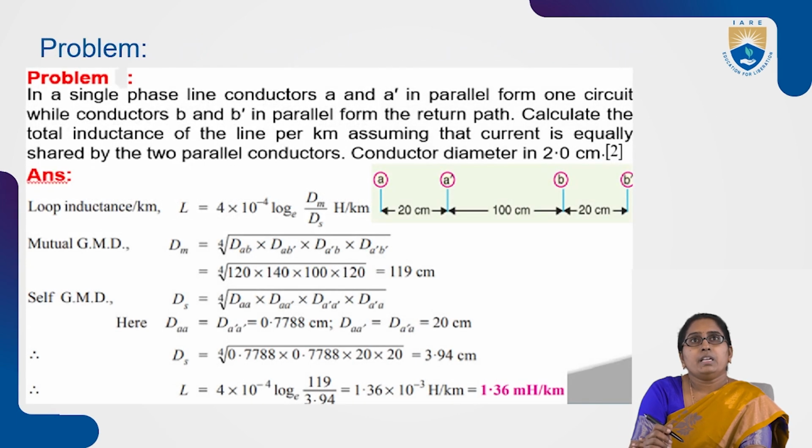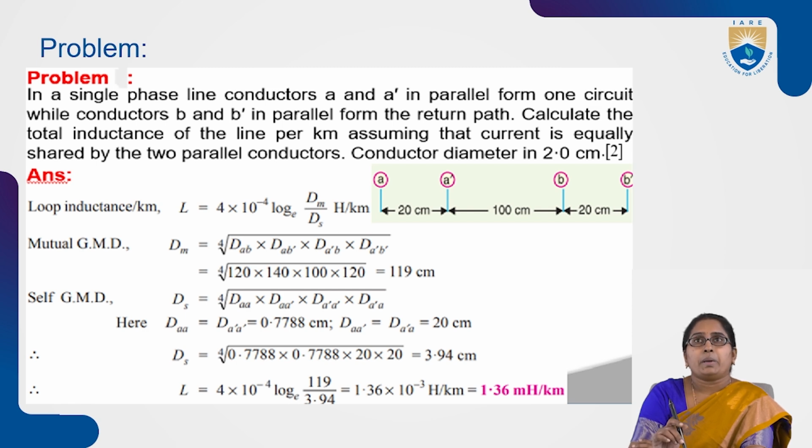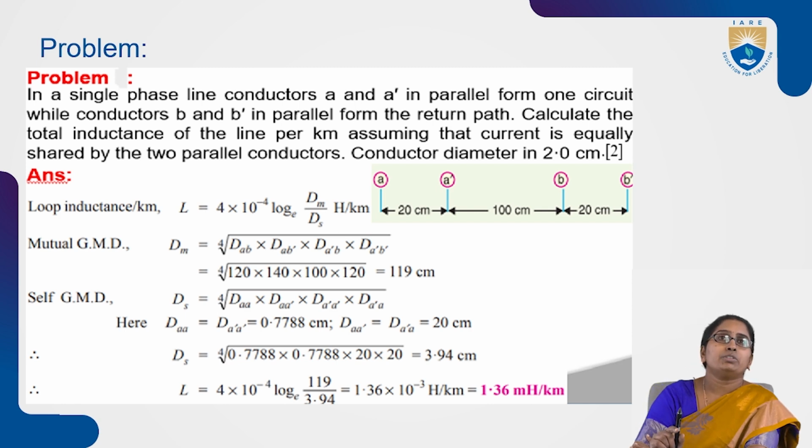In a single phase line, conductors A and A dash in parallel form one circuit, while conductors B and B dash in parallel form the return path. Calculate the total inductance of the line per kilometer, assuming that current is equally shared by the two parallel conductors. Conductor diameter is 2 centimeter.